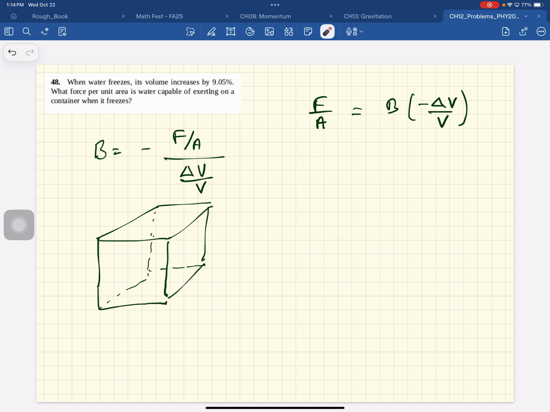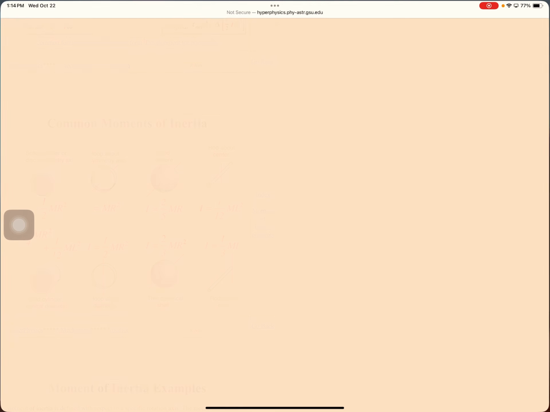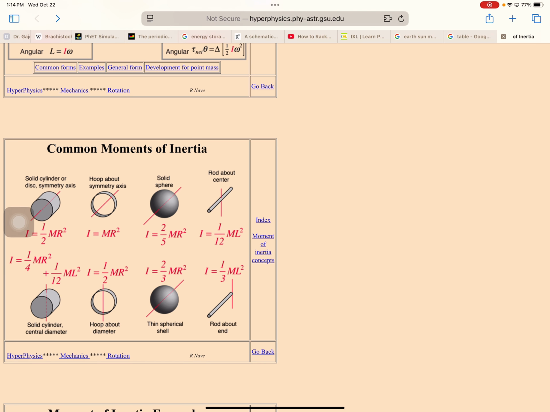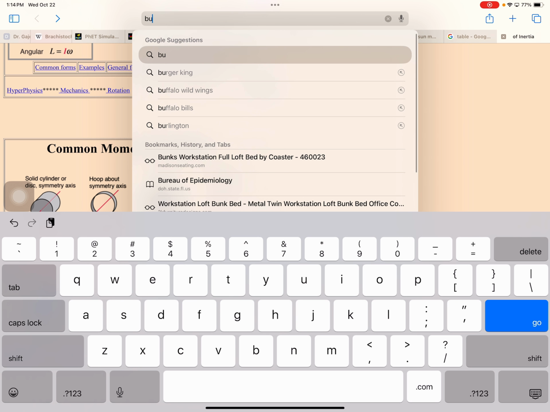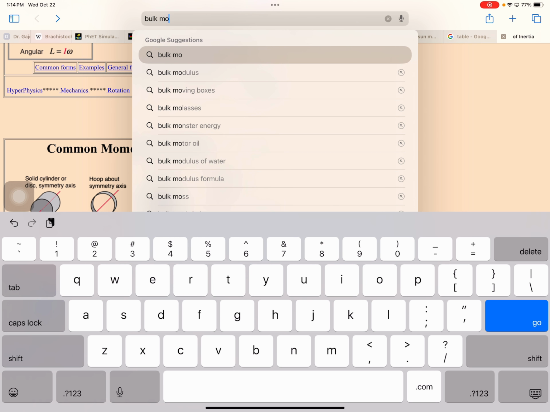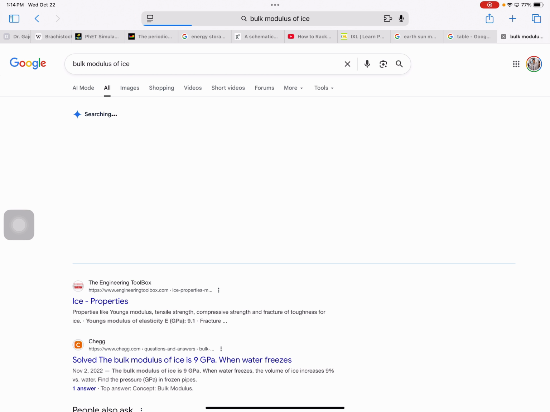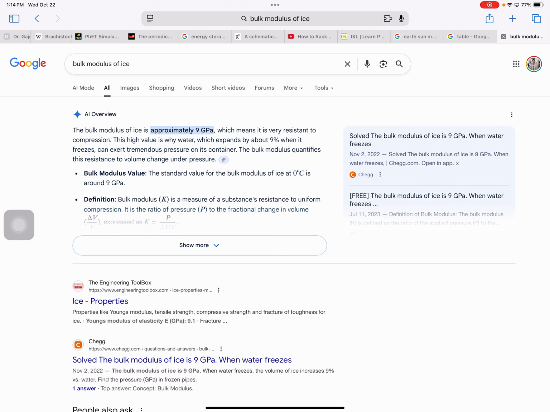All right, so now let's look up the bulk modulus of ice. The bulk modulus of ice at 0 degrees Celsius is 9 gigapascals.